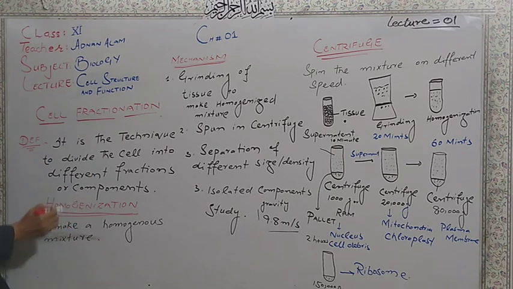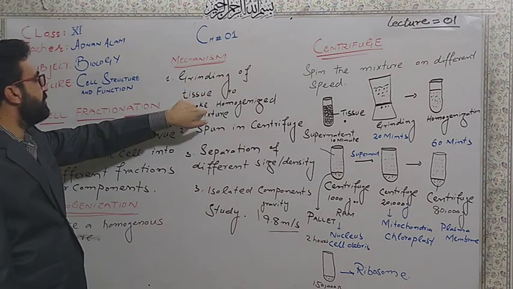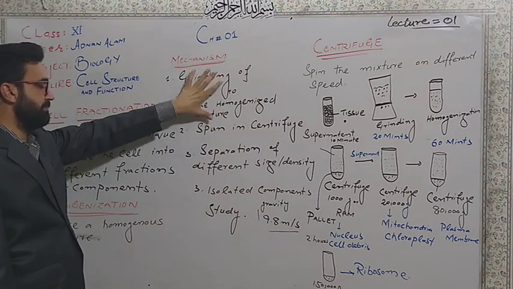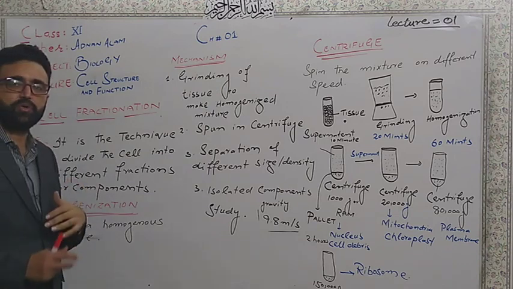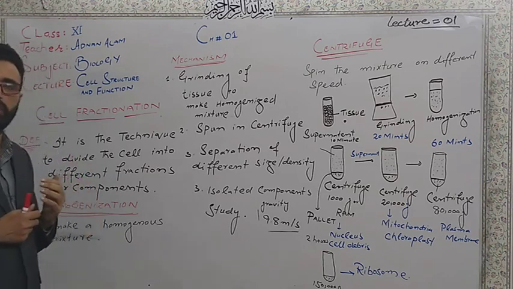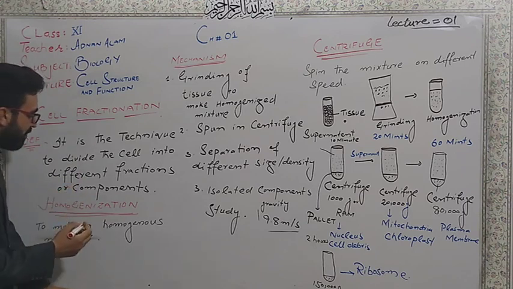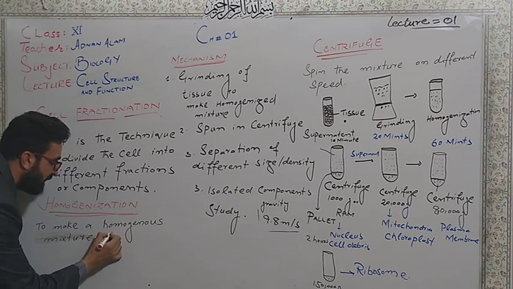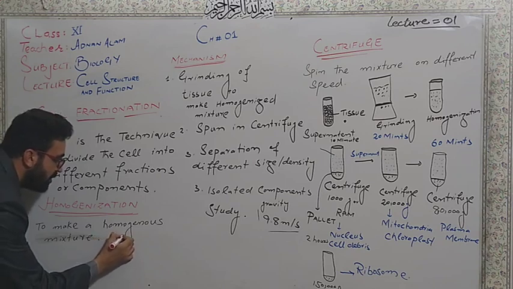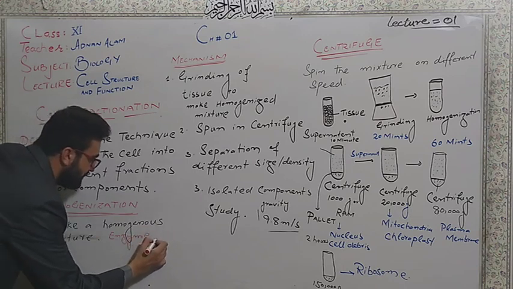My dear students, it's a detailed process which I will discuss with you, but let's study its steps first. The first one is homogenization. In this step, first we grind the tissue to make a homogenized mixture. We need a micro grinder which will grind the tissue and make a mixture, and then for further homogenization we will apply different types of enzymes to break different compounds.